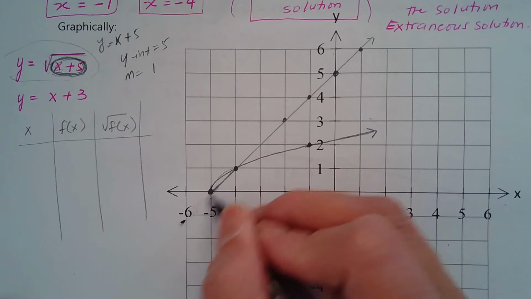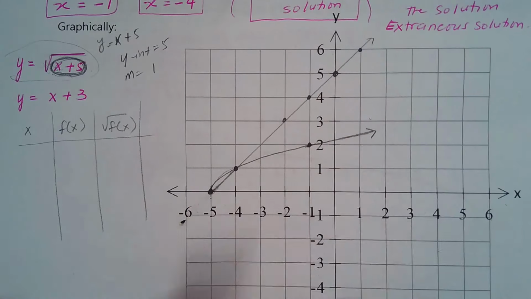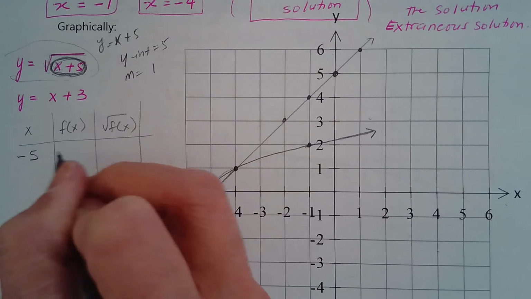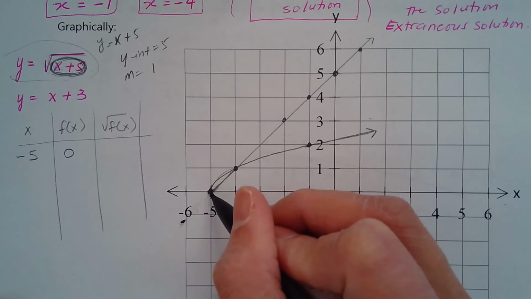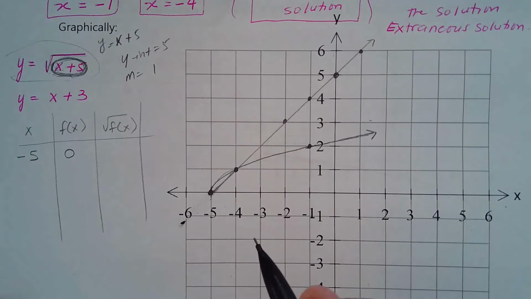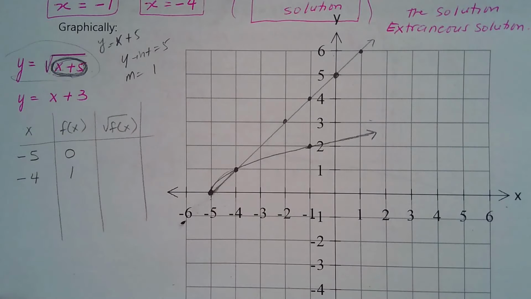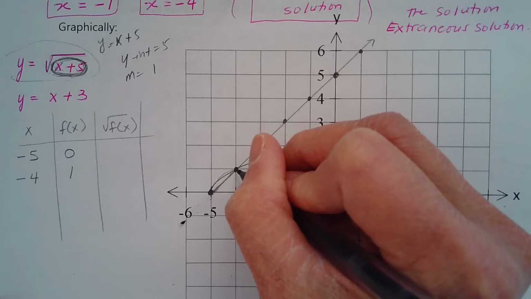If this is our function, right? This is our graph. This is going to be negative 5, 0. Yes? Negative 5, 0. That's this point here. The other point on this graph is negative 4, 1. That's this point here. You see that?